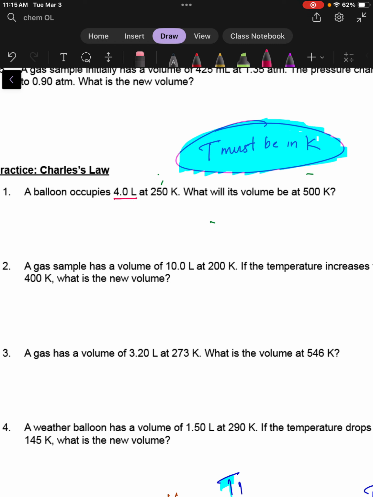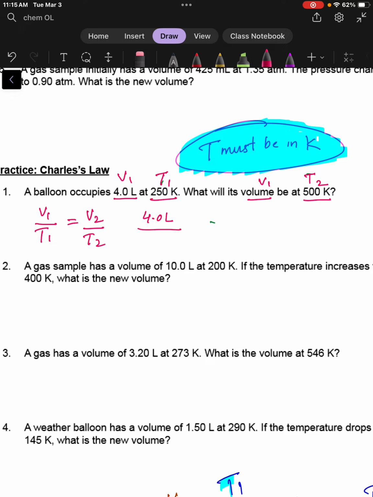Okay, let's see this. It has volume, it is V1, temperature T1, and there is another temperature T2, and you are going to find the final volume. And the relation, they are directly proportional, so V1 over T1 is equal to V2 over T2.